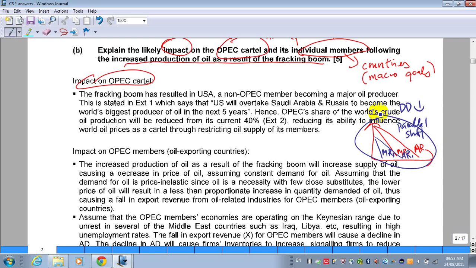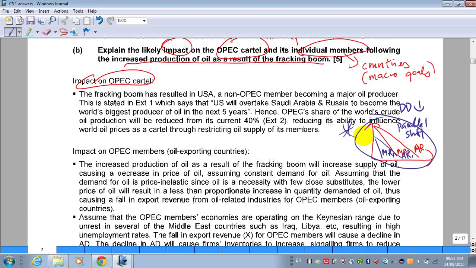Shift the demand for OPEC's oil to the left, like what I did here, and then add in the AC and MC curves and show that the level of supernormal profits falls. I think that's important.